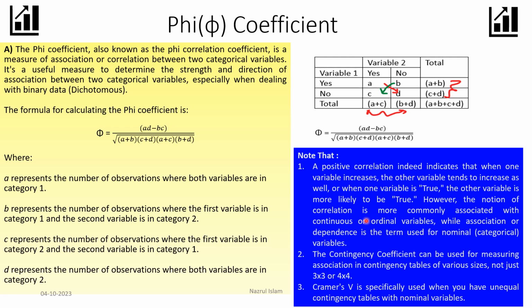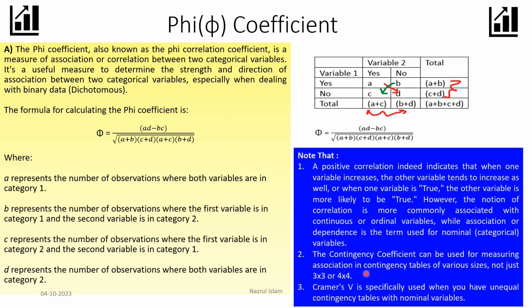However, the notion of correlation is more commonly associated with continuous or ordinal variables, while association or dependence is used for nominal or categorical variables. For this reason, we have used the term association, because we will use categorical or nominal data.